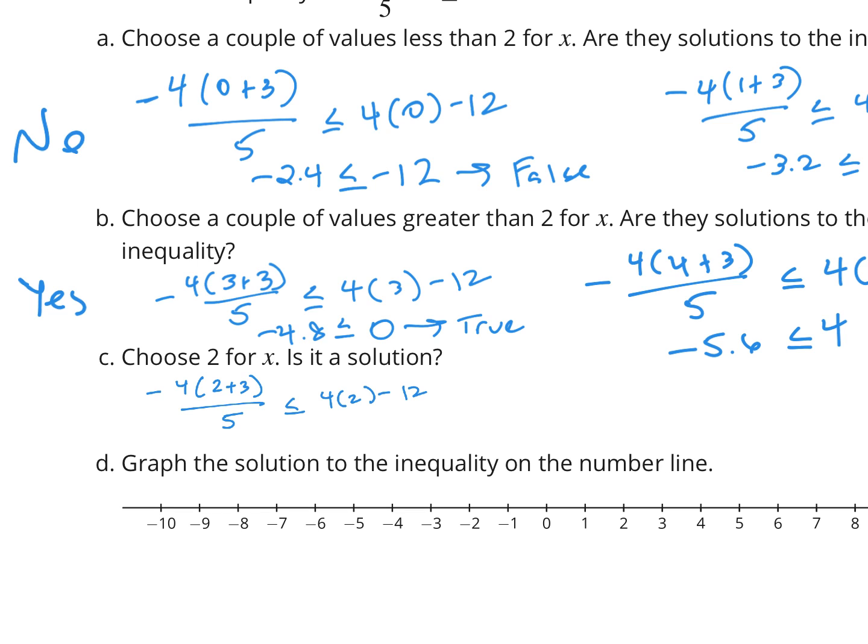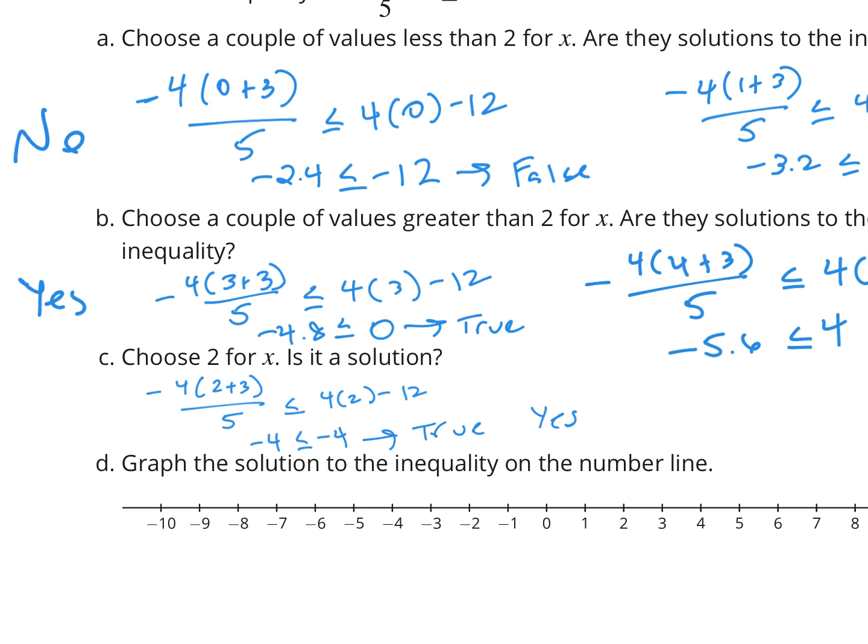Negative 20 divided by 5 is negative 4. 4 times 2 is 8. 8 minus 12 is also negative 4. And again, this is a true statement because negative 4 is less than or equal to negative 4. Nothing has changed. So this one is also a solution.